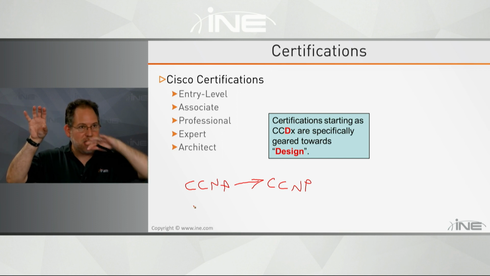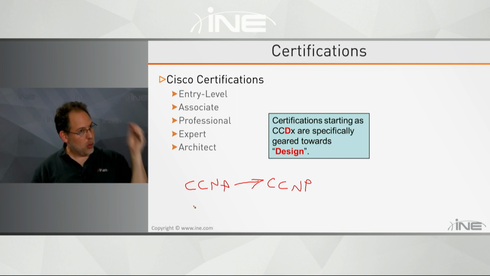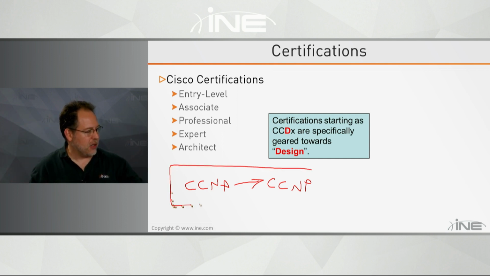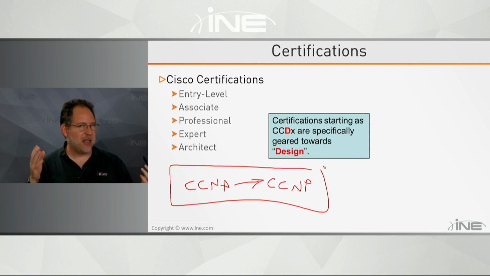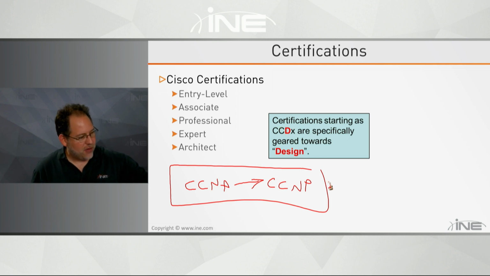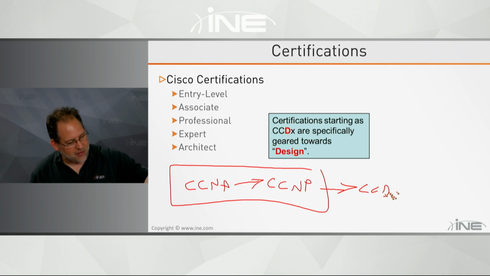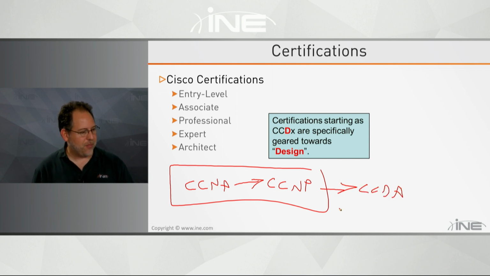When a trigger happens, it causes this event to occur. When this happens, it causes this trigger to occur. You have to learn all that stuff. And that's where you learn it in these certifications right here. You can't really understand how to design something unless you first understand how it works. And so the CCDA, if you wanted to, then you could go to CCDA after that for design.